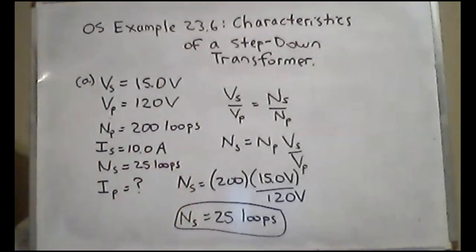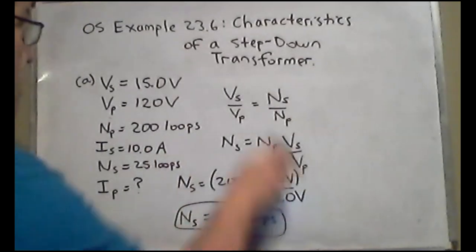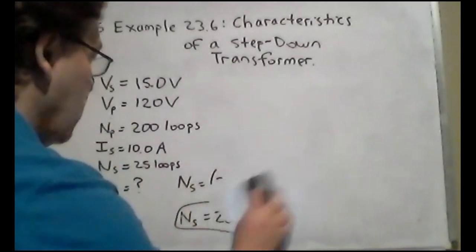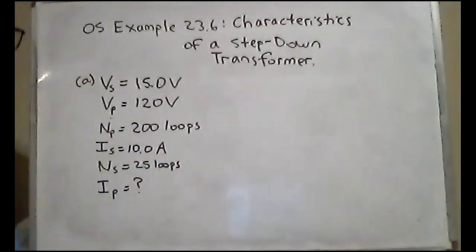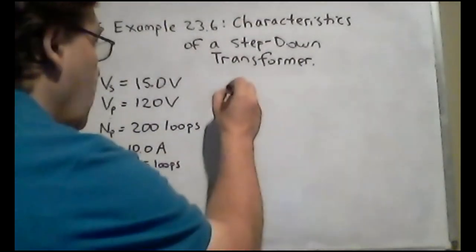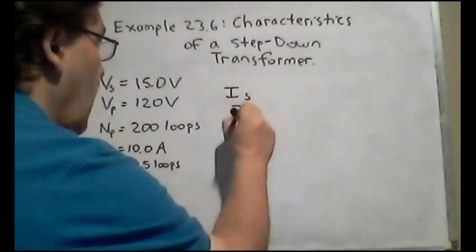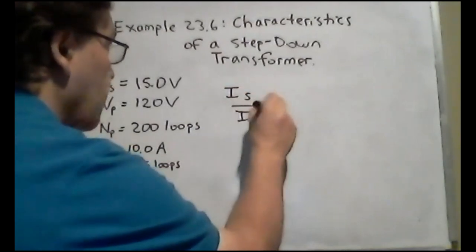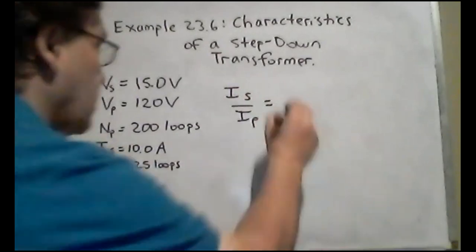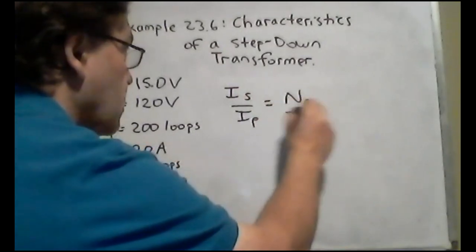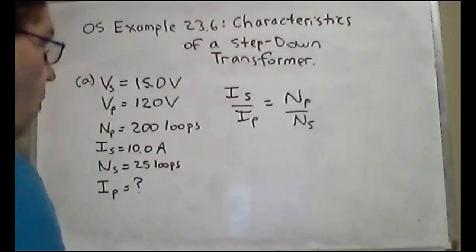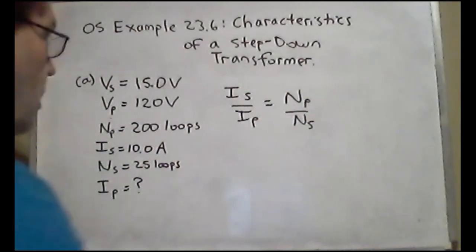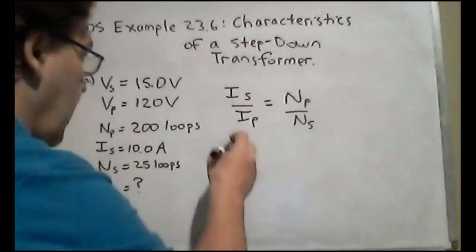All right, and then we want to know what's the current at the primary. We want I sub P. To read the problem carefully, we now want I sub P, the current at the primary. So again, we go to the appropriate transformer equation, and that would be simply I sub S over I sub P is N sub P over N sub S. And we solve now for I sub P. So essentially flip over and multiply.